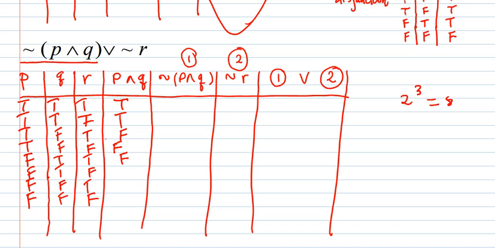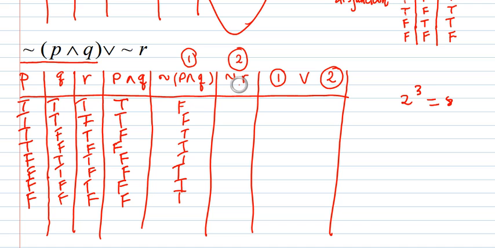False and true is false. False and false is false. False and false is false. Then for this column, we do the negation of this column. So we have false, false, true, true, true, true, true, true.